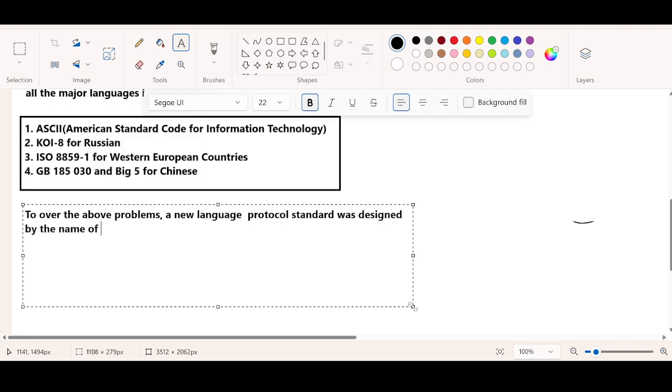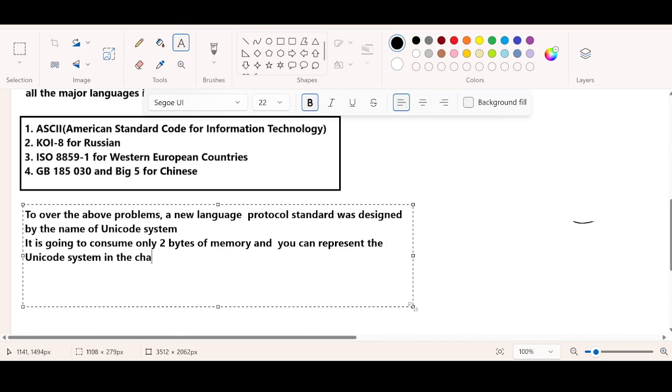The memory consumption is only 2 bytes. In Java it is going to consume only 2 bytes of memory. Why? Because Java uses the Unicode system, and you can represent the Unicode system in the character data type in Java.